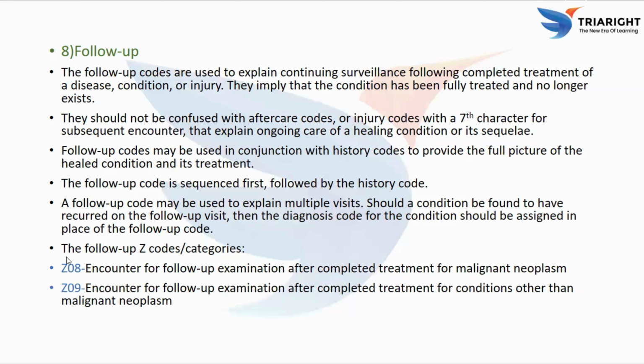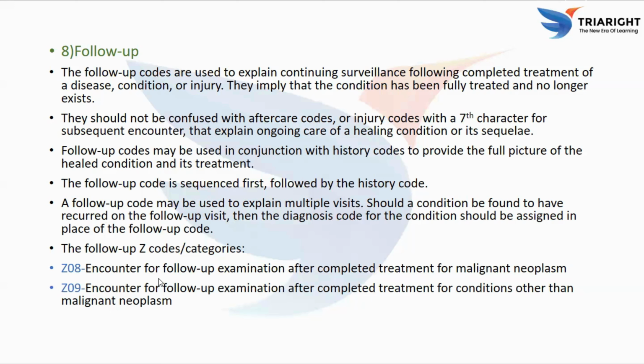The Z08 code is used when cancer treatment is completed, when the patient comes for a routine checkup, and when there are no signs of cancer currently. An example is a follow-up visit after chemotherapy completion, and this is commonly used with the Z85 category, personal history of malignant neoplasm. Whereas Z09 is used for follow-up examination after treatment for non-malignant conditions.